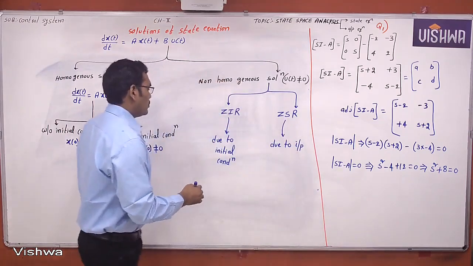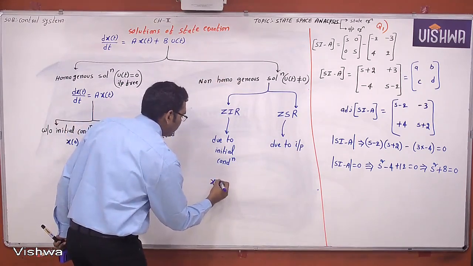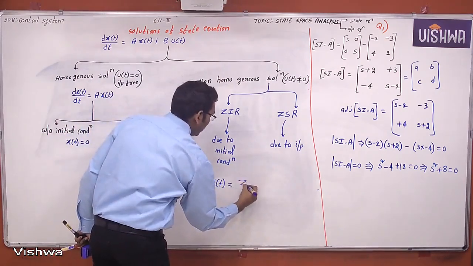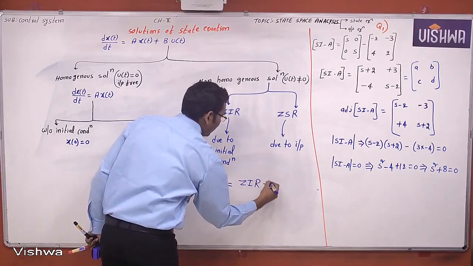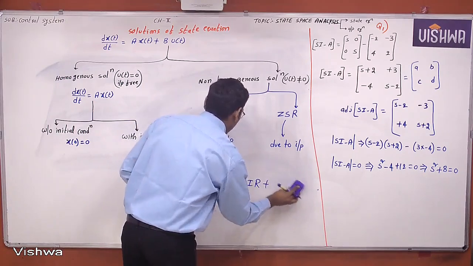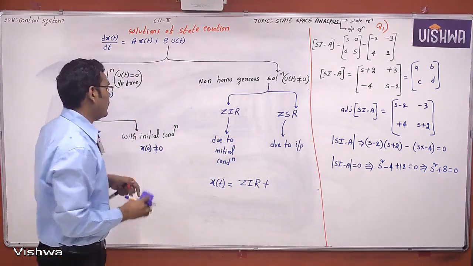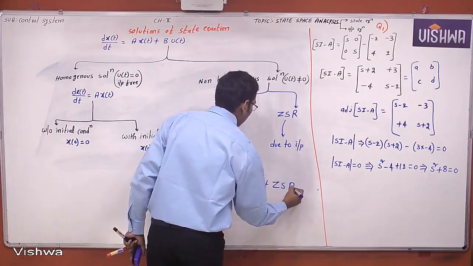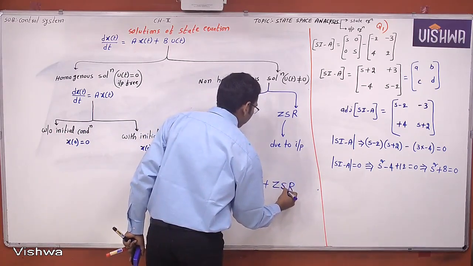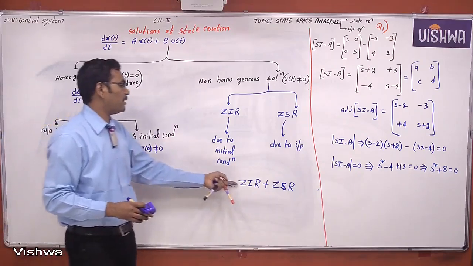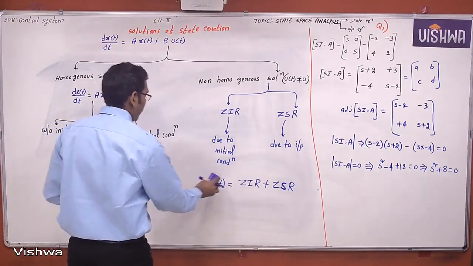So the total x(t) solution is nothing but the zero input response plus the zero state response.